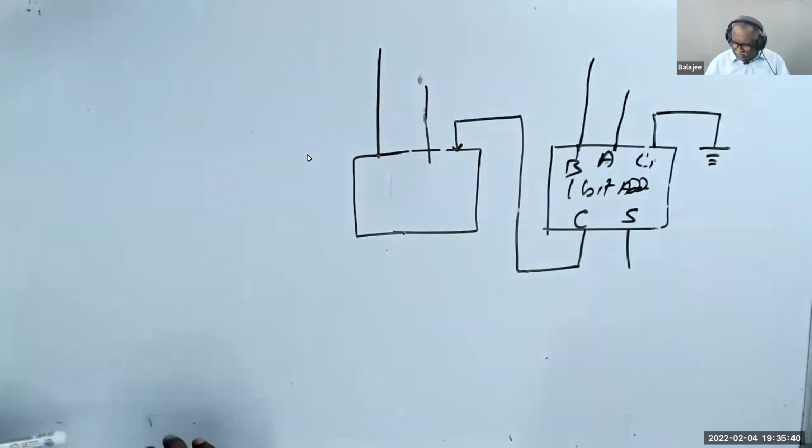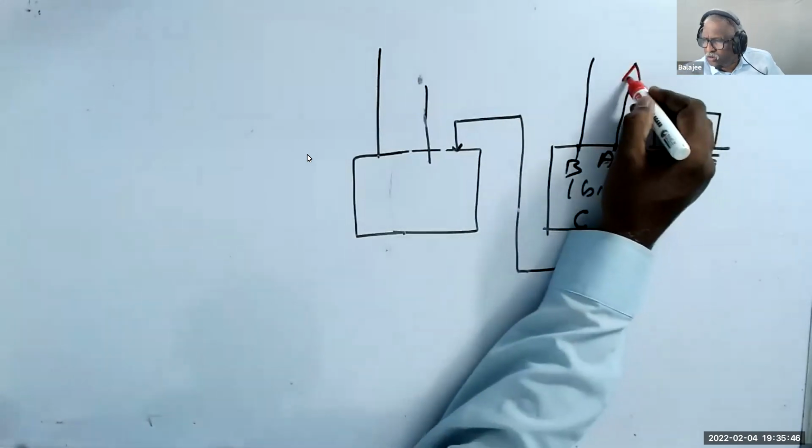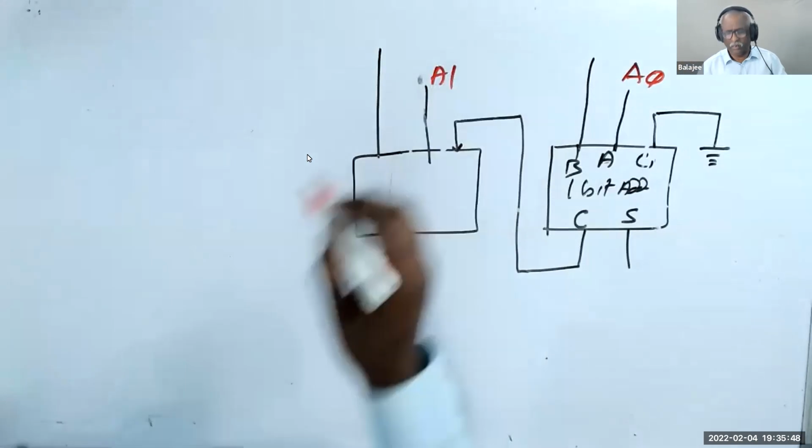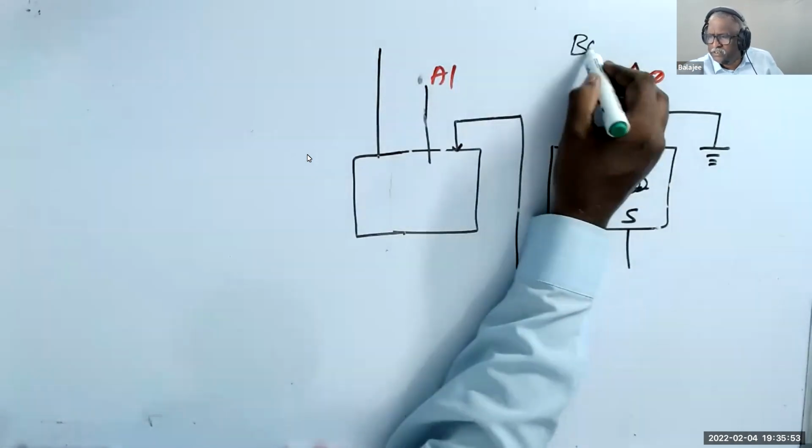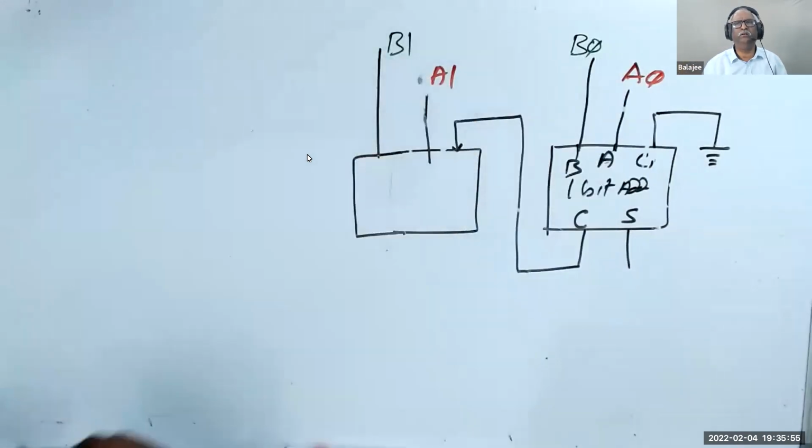Now let us call this a simple idea. We call these A0, A1, the 2 bits, and this one we call B0, B1.